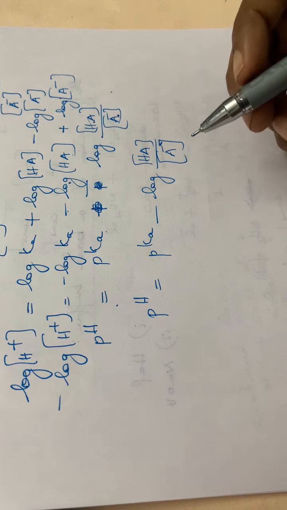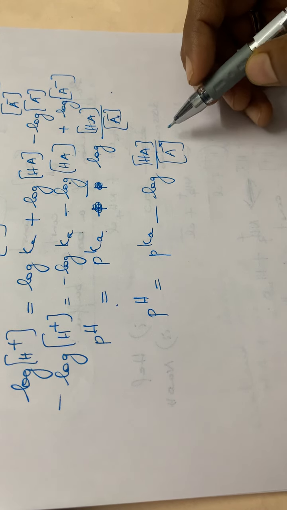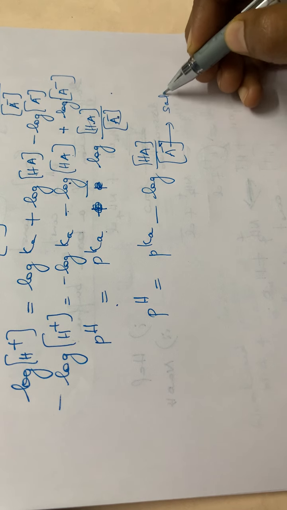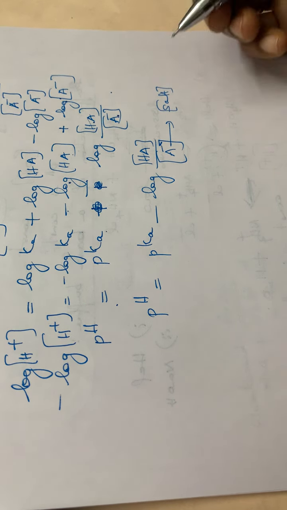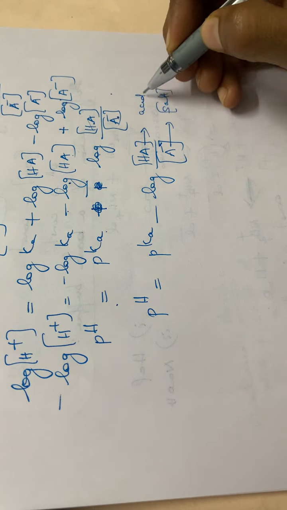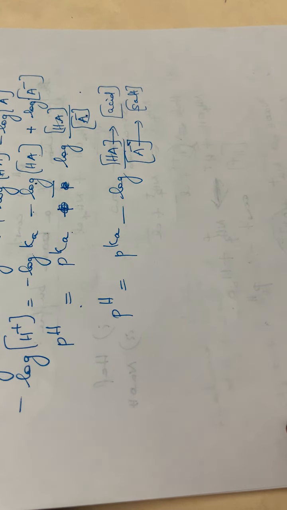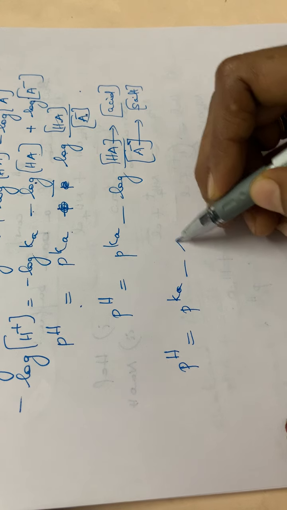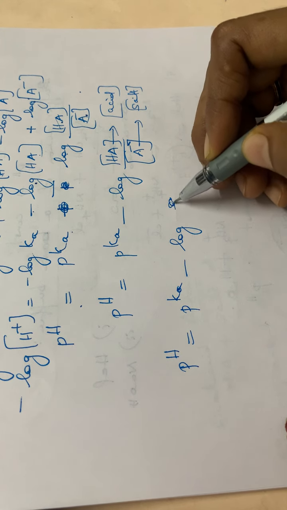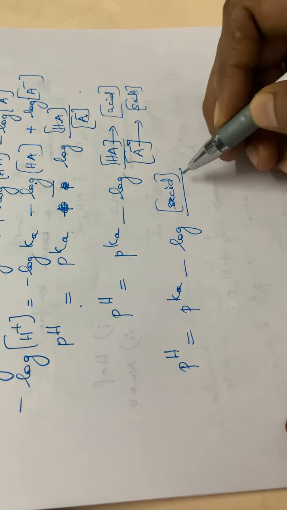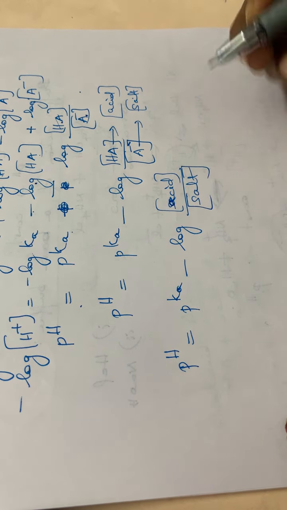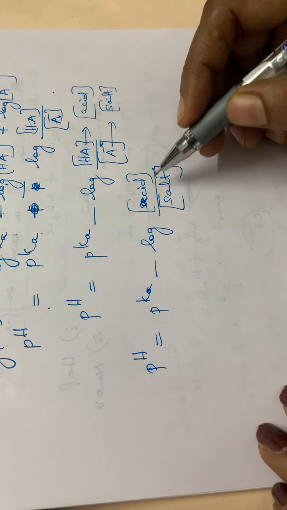Again, this concentration of A minus can be considered as the concentration of the salt, and let this HA be the concentration of the acid. So you have to substitute these two terms. Therefore we can write pH is equal to pKa minus log concentration of acid divided by concentration of salt.